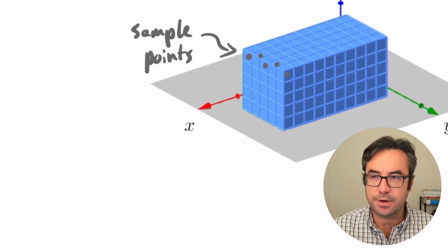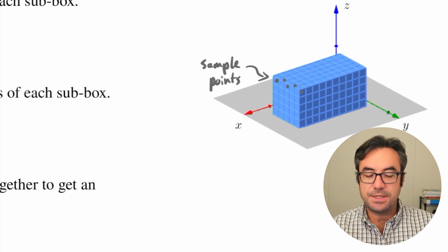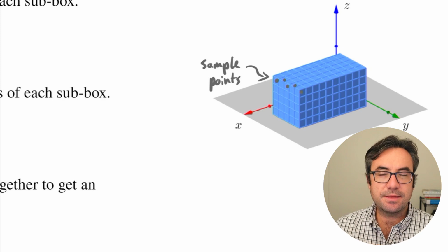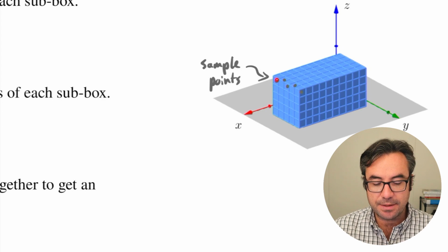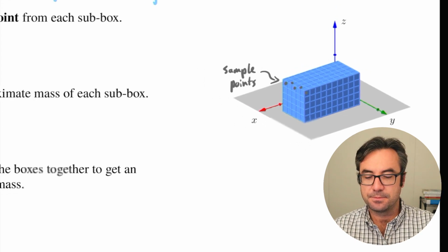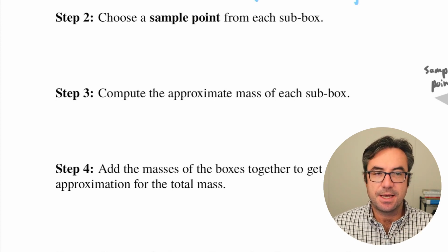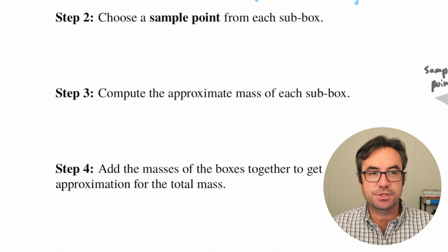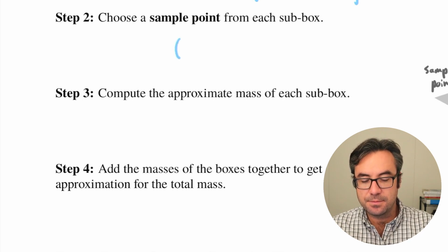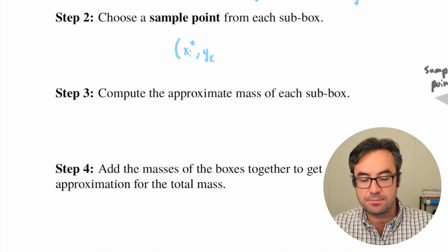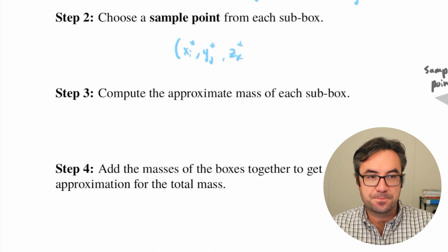And we do that over and over again. And the idea is we use that sample point. That's where we take our reading. So we look at the material right at that sample point, and we look at the density of the material right at that sample point. So we choose a sample point from each subbox, and the sample point we're just going to call (x_i star, y_j star, z_k star).